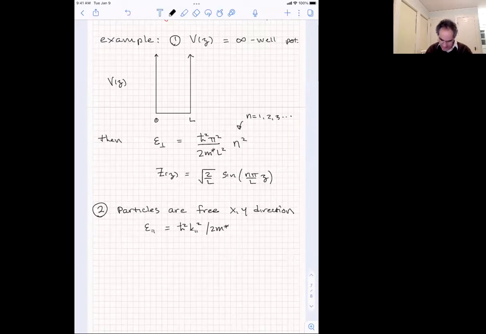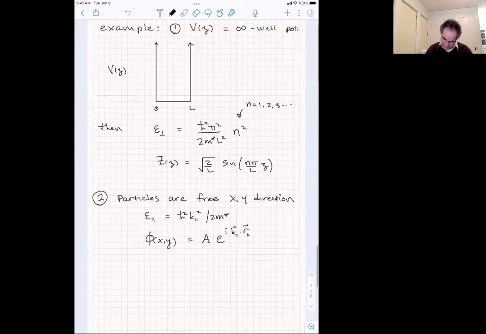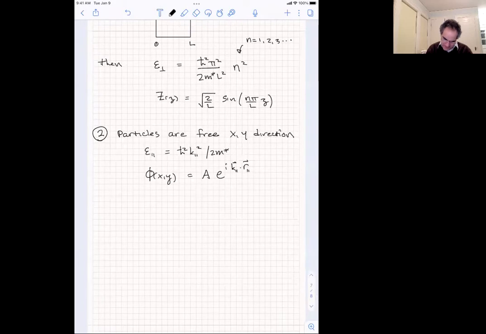Okay. And the wave function that describes this part of the motion is just equal to some constant times e to the i K parallel dot R parallel. Okay? Very good. And then the total energy is the sum of these two.